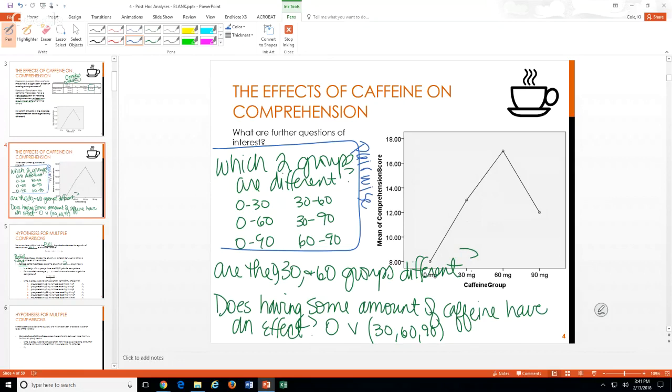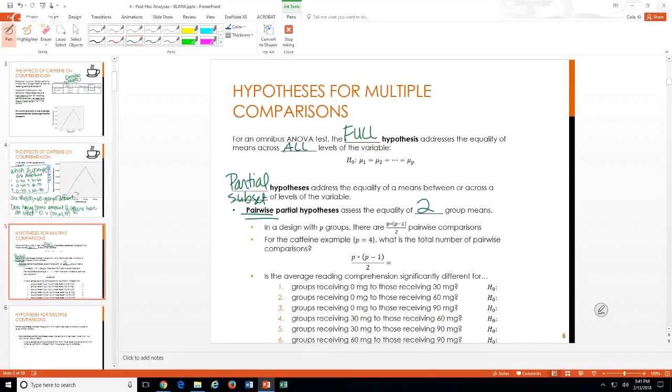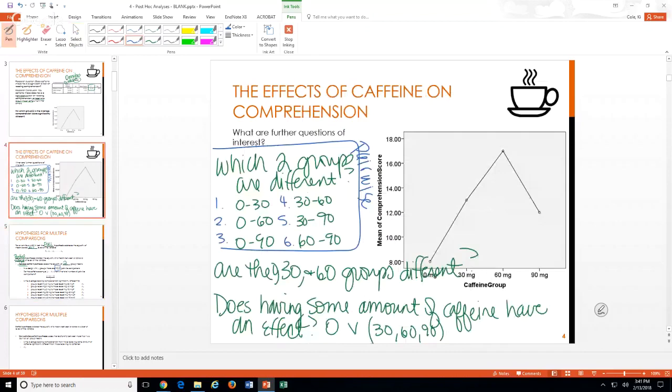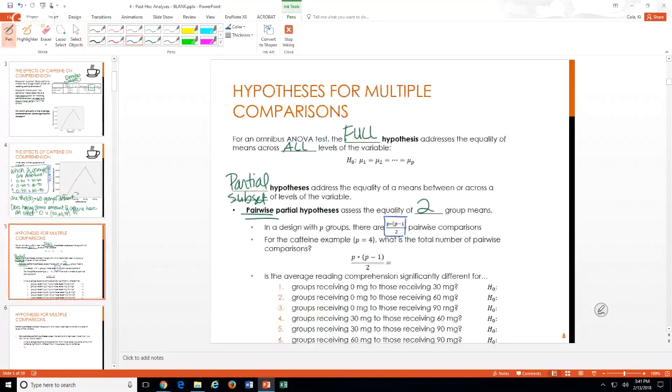Is the comprehension in the 0 group equal to the comprehension in the 30 group? What about the 0 group to the 90 group? All of those, so this is 1, 2, 3, 4, 5, 6 different pairwise comparisons. And actually, when we do pairwise comparisons, there are always P times P minus 1 divided by 2 total pairwise comparisons. So how many groups did we have in our comprehension example? 4, so P was 4.